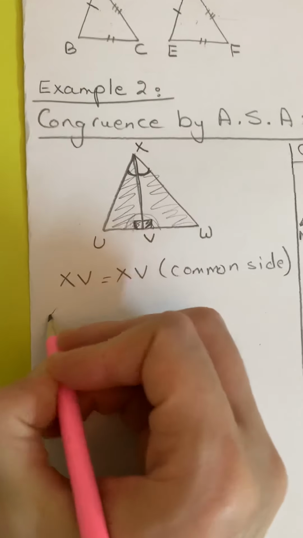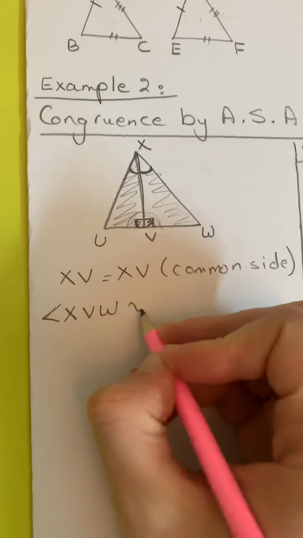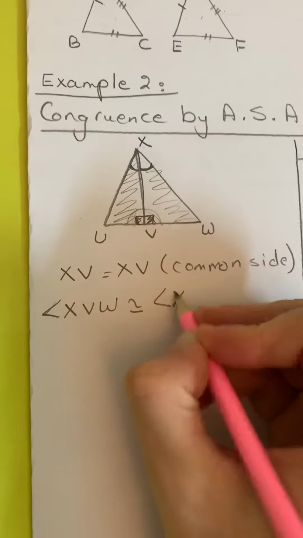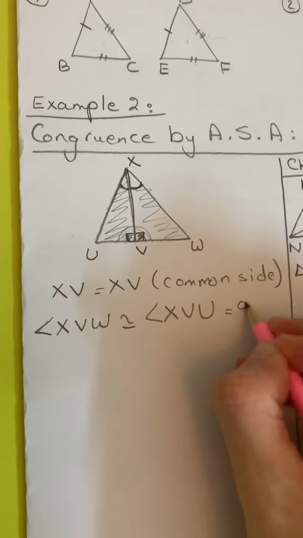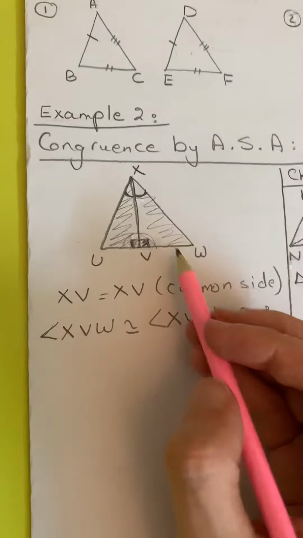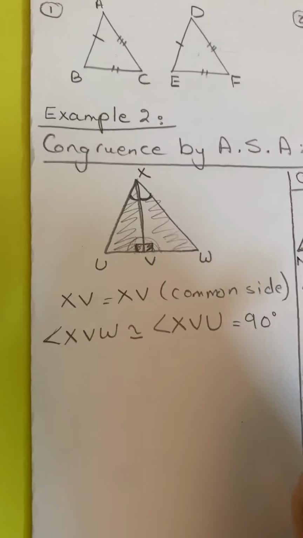So angle XVW is congruent to angle XVU because they both are 90 degrees, because 90 plus 90 will make 180.